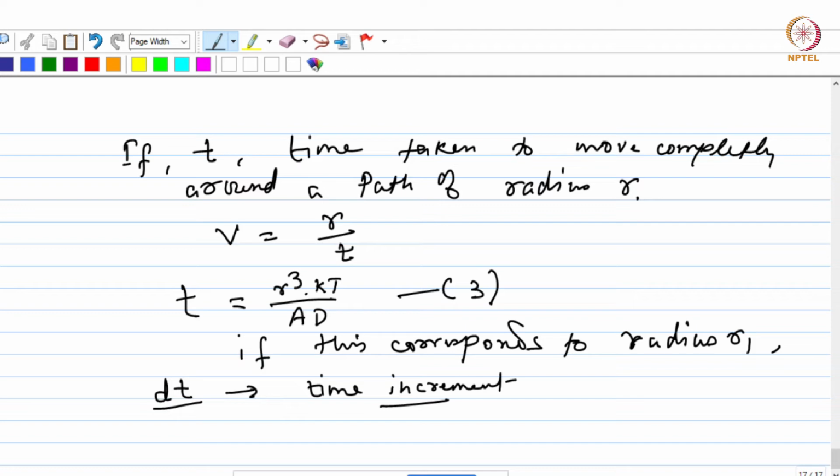So from a length increment perspective, this accumulation of the solute atoms underneath the dislocation will be given by this expression.